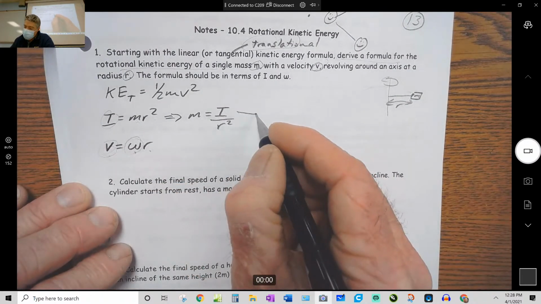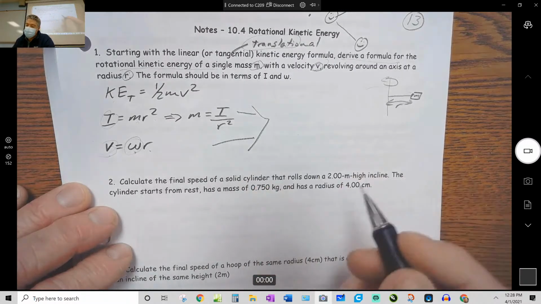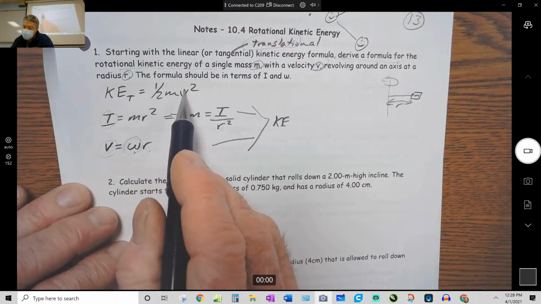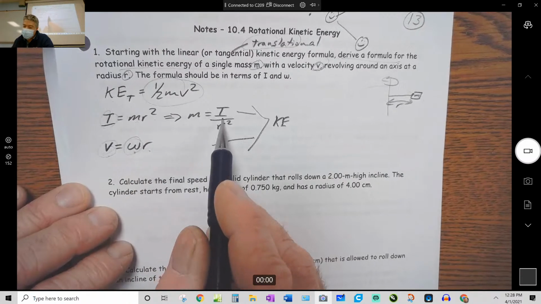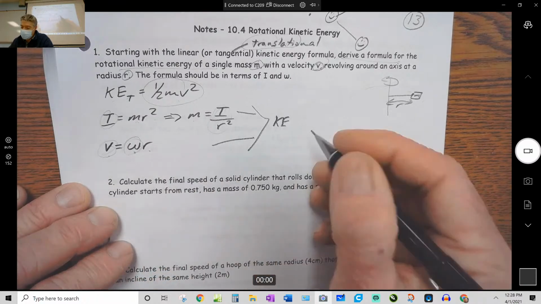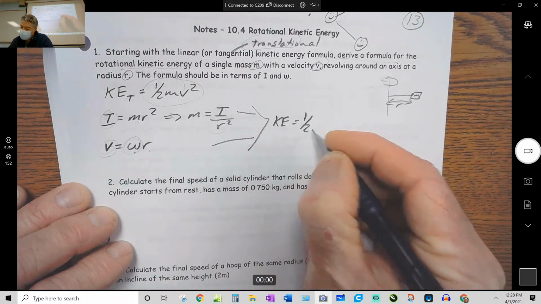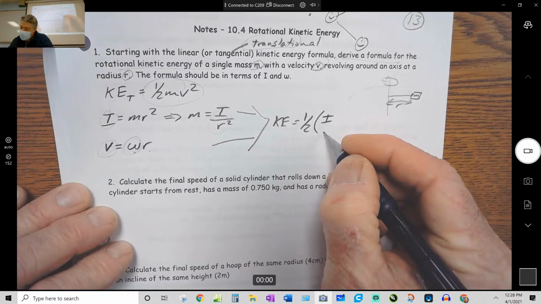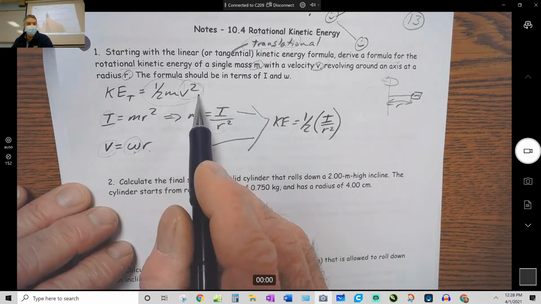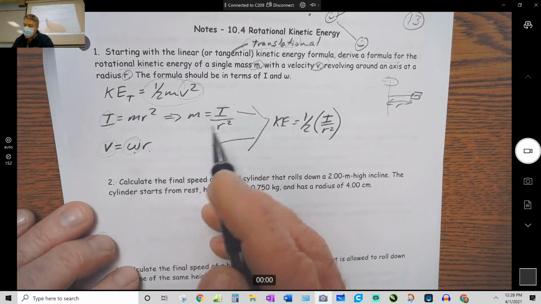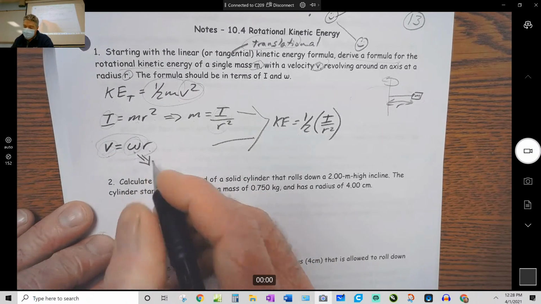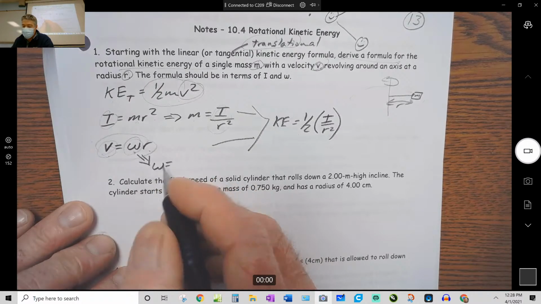So now, putting all of this together, KE, which I'm starting with right here, I'm going to substitute this in for m because m is equal to that. So I get 1/2 times I over r squared. And instead of v squared, I want to use omega. So really what I'm going to substitute in is omega equals v over r.